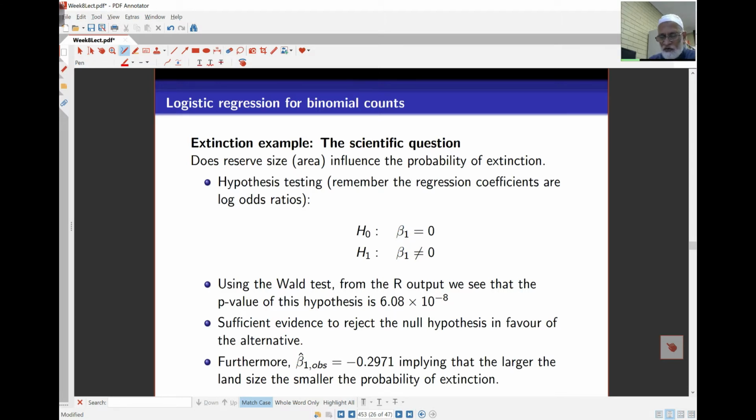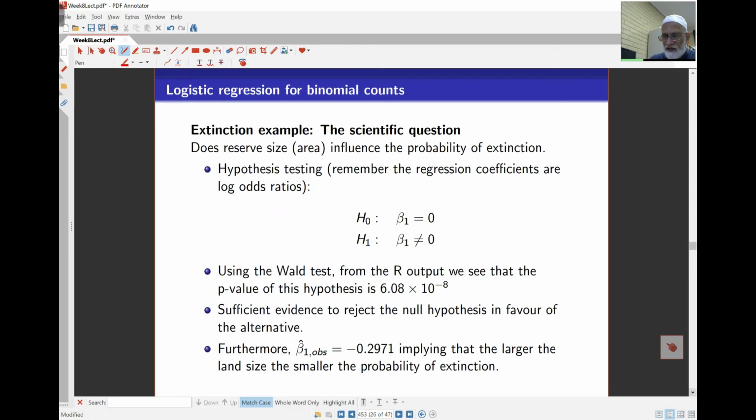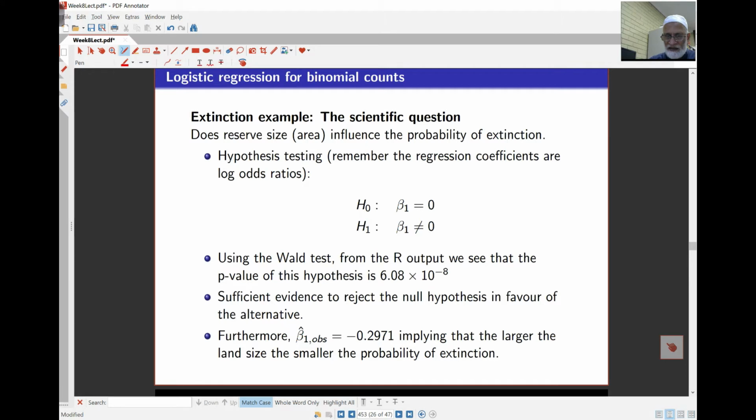We see from the Wald test that the p-value is quite small here, so we'll reject H0 in favor of H1 and conclude that certainly the area or log area influences the probability of extinction. And more than that, because the coefficient is negative, the larger islands have a lower probability of extinction. That's the main question. The larger islands have a smaller probability of extinction, which is really very important from a scientific point of view.